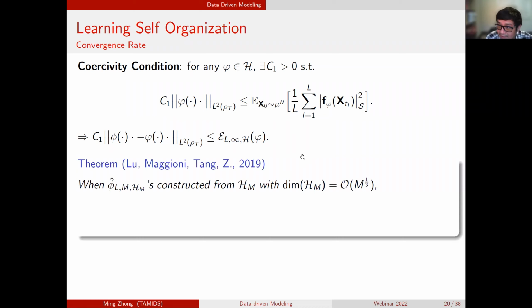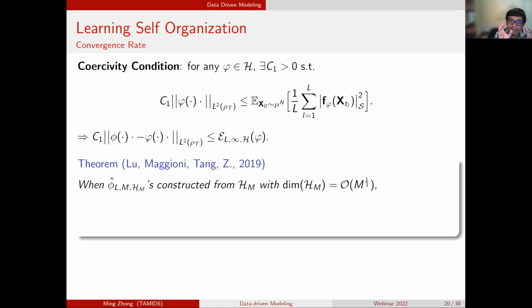Okay, and with this coercivity assumption made, we can actually show that with an increasingly large search space, where the dimension increases at a really special rate, M to the 1/3, which we get using just the bias-variance trade-off, so this is the optimal increasing rate.